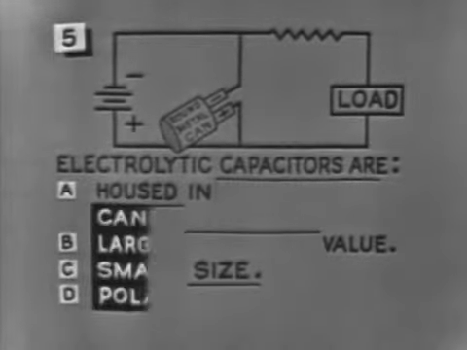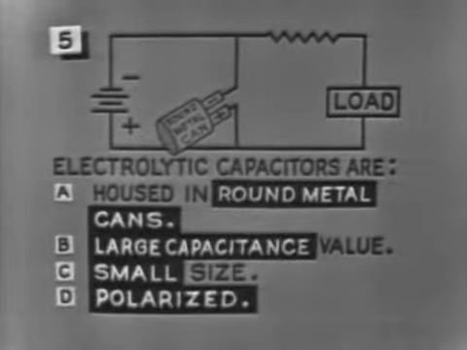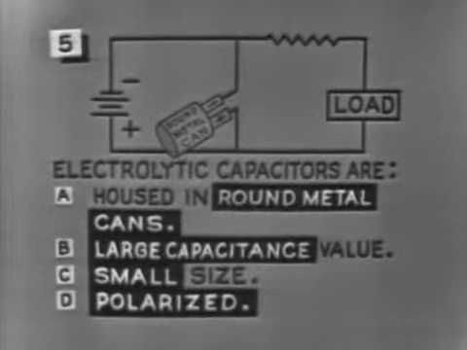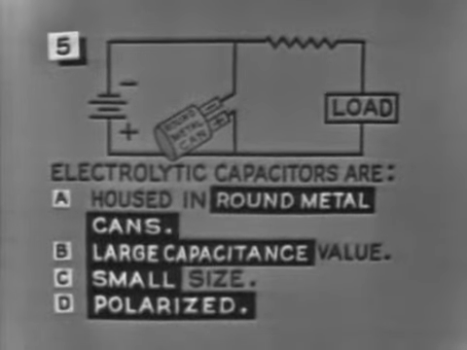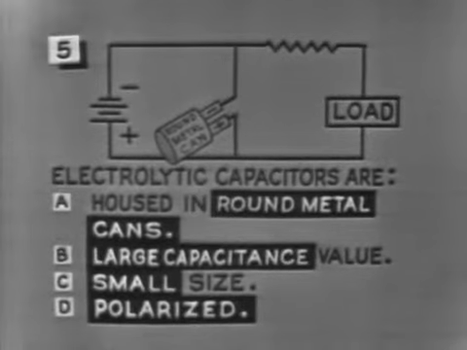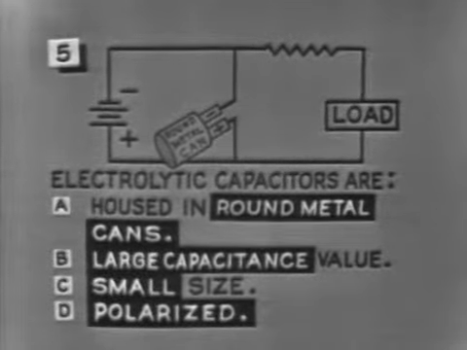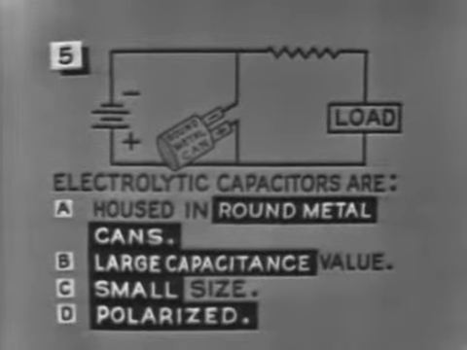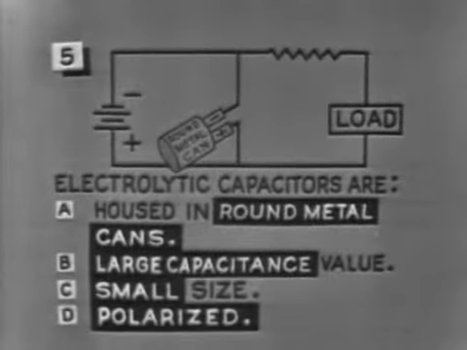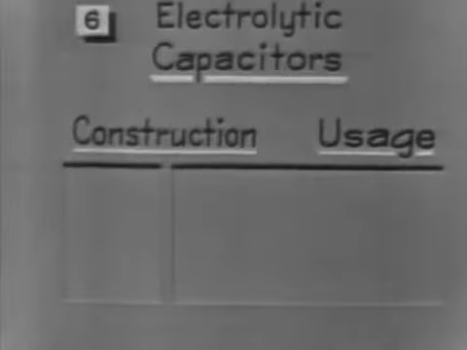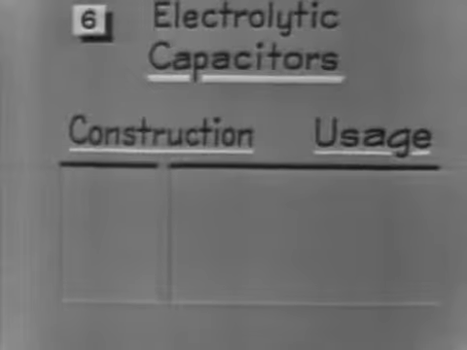You should have completed the statement so it reads like this. Electrolytic capacitors are housed in round metal cans, large capacitance, small in size, and are polarized. Try number 6.